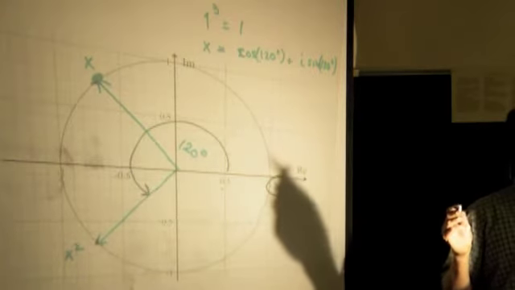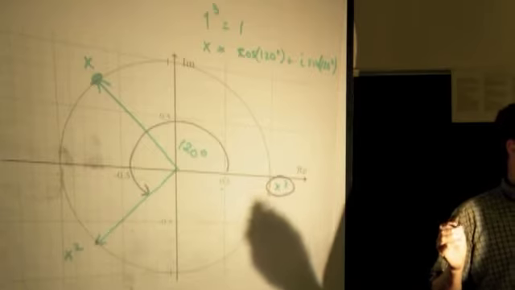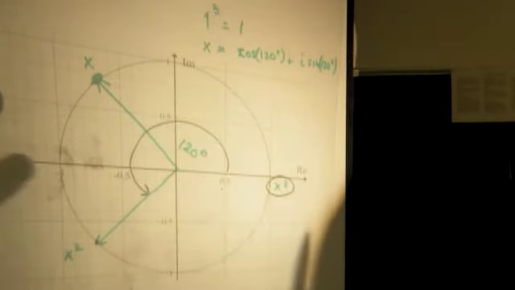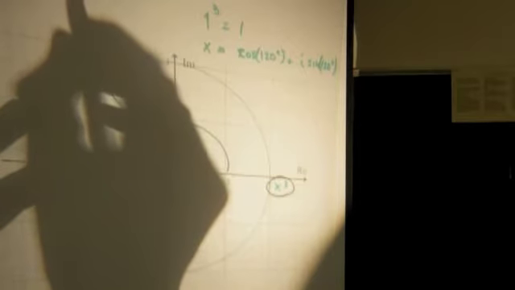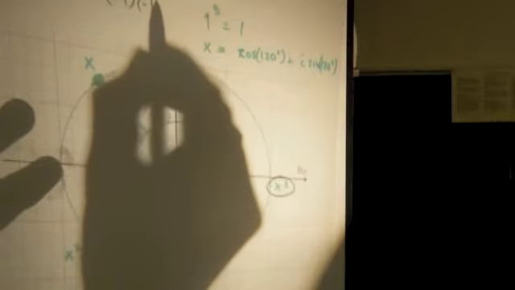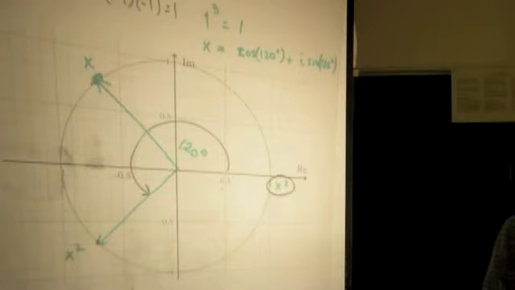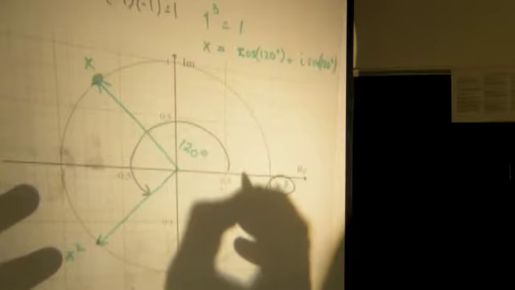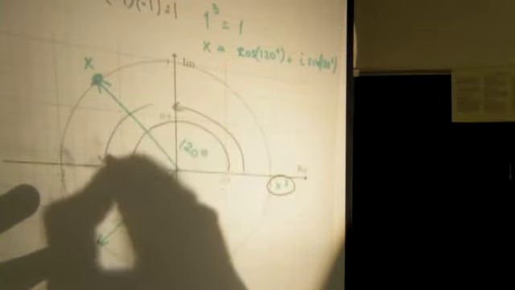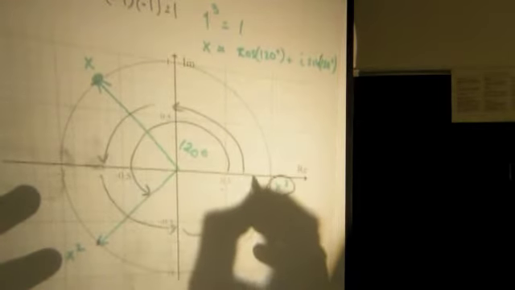Let's think about the 4th roots of 1. 4th roots are a little bit easier. I to the 4th power is going to be equal to -1 times -1. If I look at I to the 4th power, I go 1, 2, 3, 4.